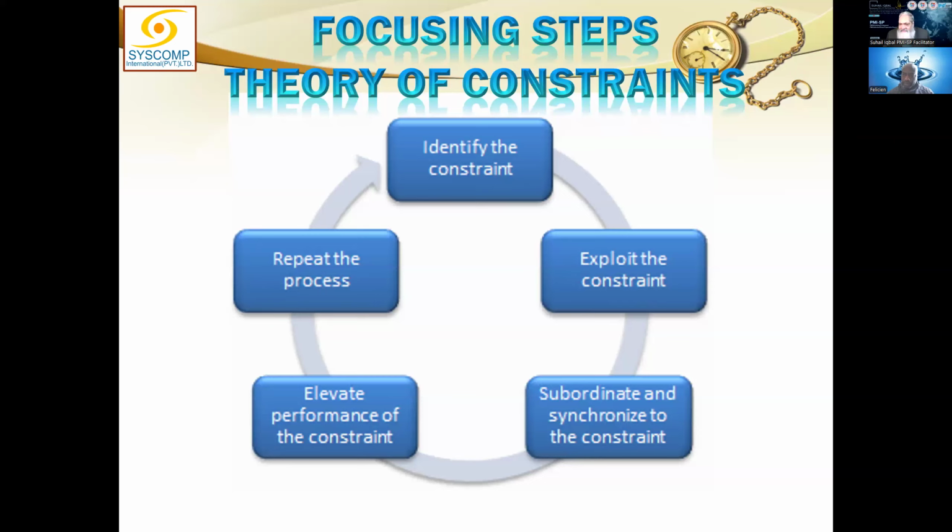Maybe people are inefficient. Maybe some equipment is out of order, or it is underperforming, or things like that. So whenever we have any such problem, we try to make decisions on the spur of a moment without even considering what is the real problem, what is the real constraint.